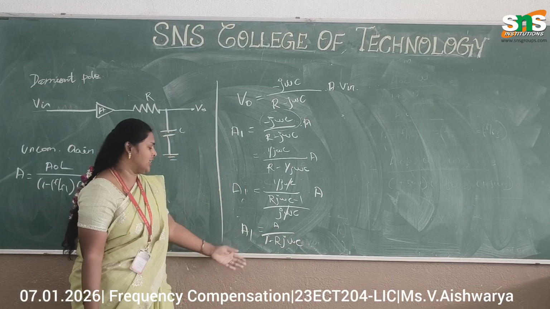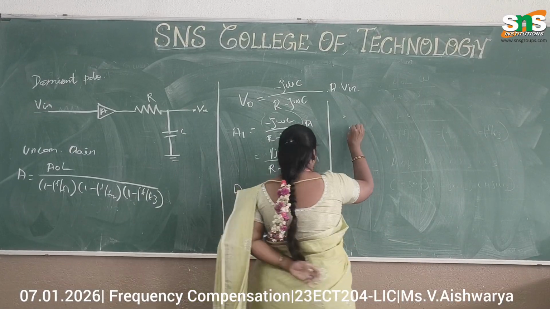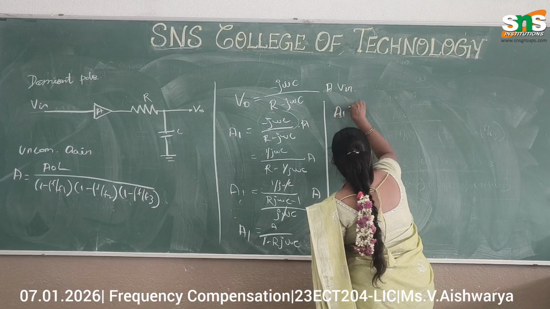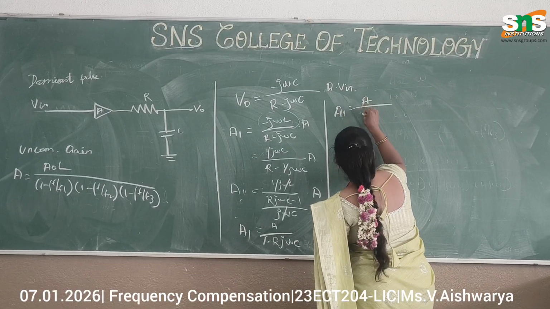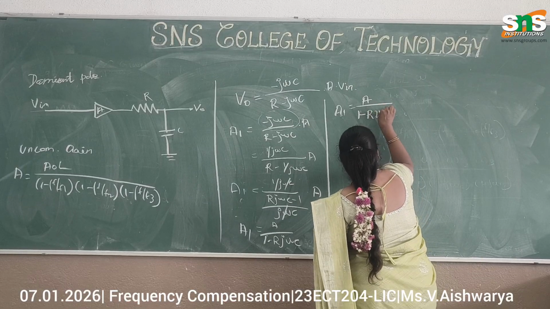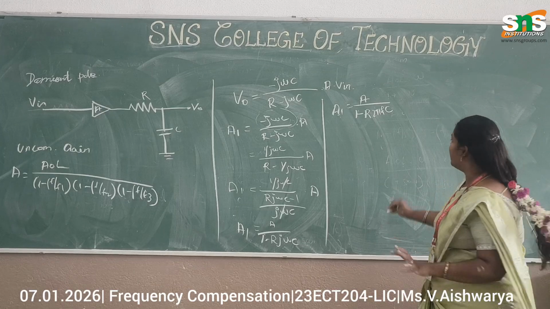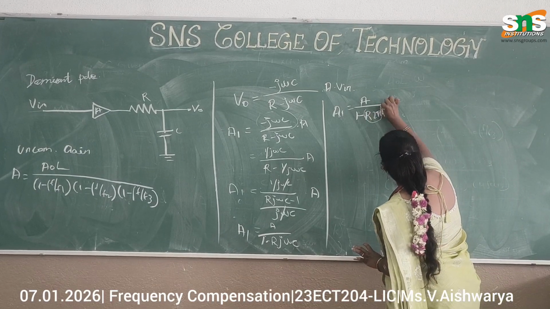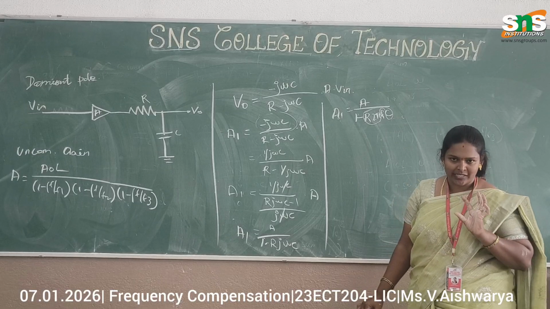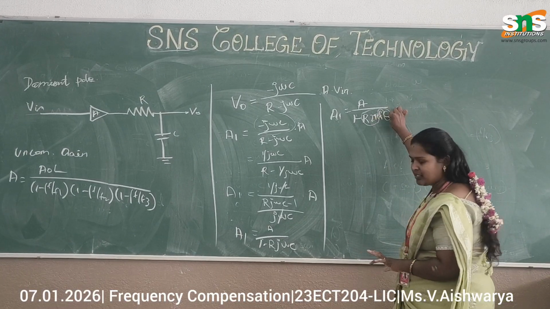We know that omega value is 2 pi f, so A1 equals A by 1 minus R 2 pi f c. This R 2 pi c is about the corner frequency value, that is f equal to 1 by 2 pi RC.